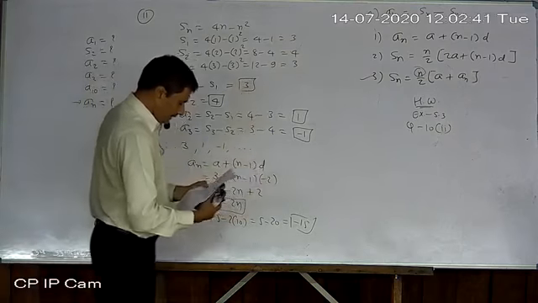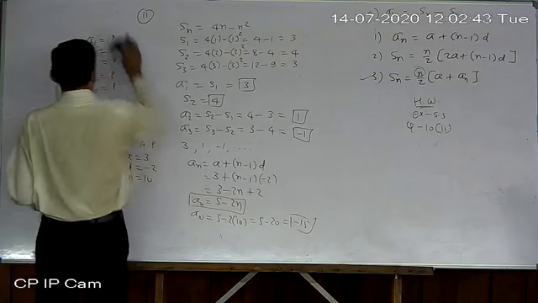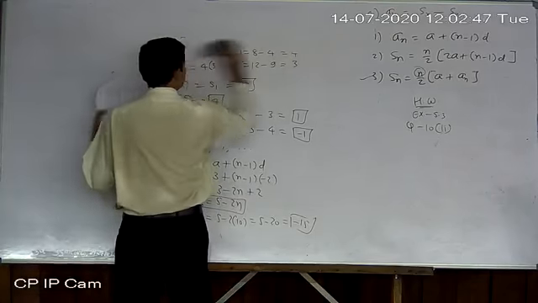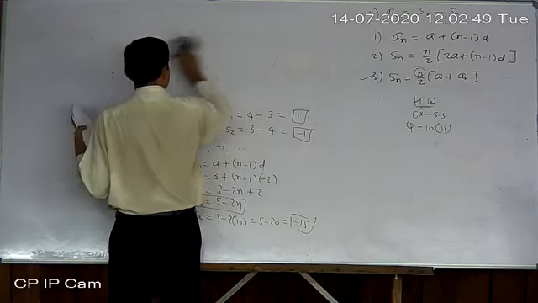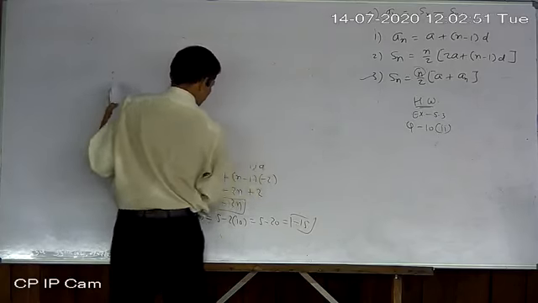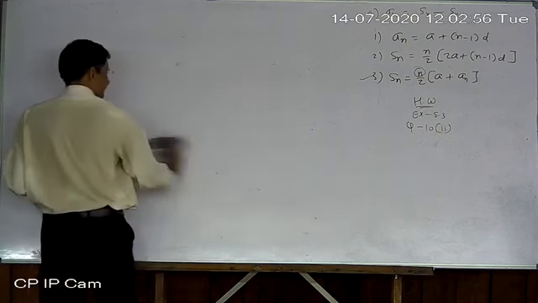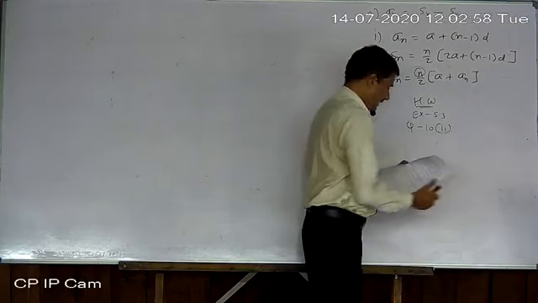Find the sum of the first 40 positive integers divisible by 6. Now you know what positive integers mean: 1, 2, 3 like this.